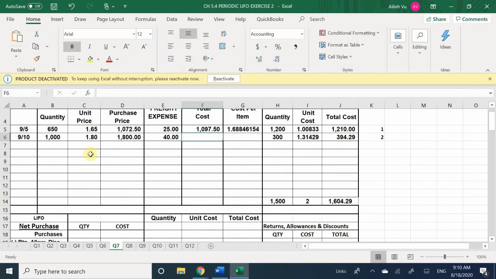Giving you $1,840. And what is my cost per item here? $1.84. Exactly. Good.